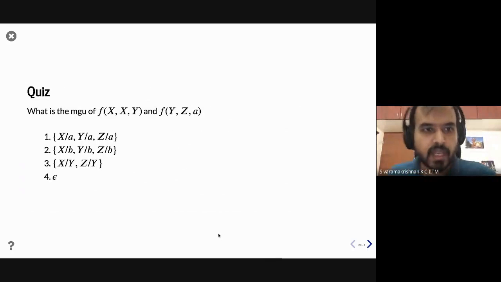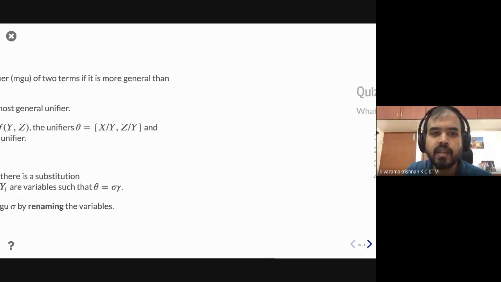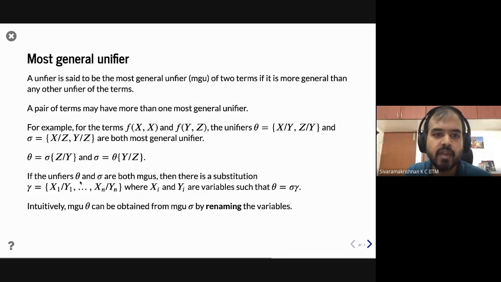Okay, so here's a question. We've seen a bunch of ideas. Raghu has a follow-up question: given any two unifiers, is one of them always more general than the other? Need not be. So here we have two terms, theta and sigma.